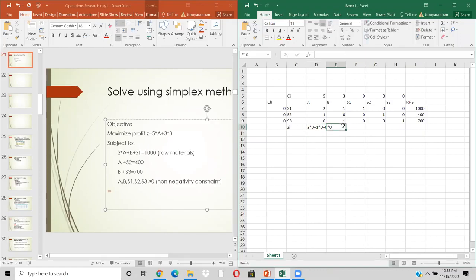Then for this point it is 1 into 0, 1 into 0, here 0 into 0, here 1 into 0. Similarly for the rest of the values, what will be the value, guys?